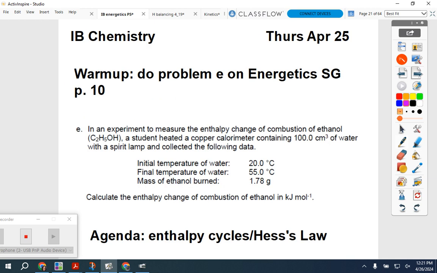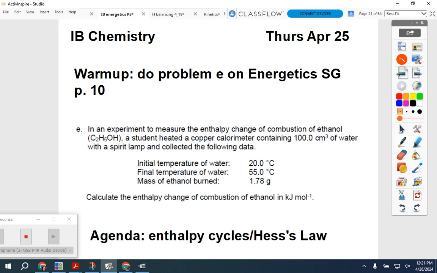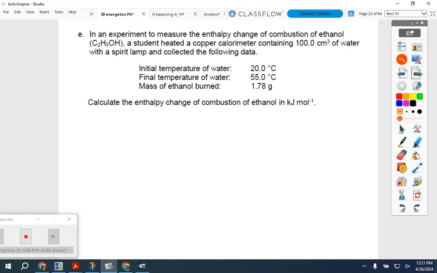Okay. How many of you did this problem? Anybody? Okay. Let's talk through it first, and I'm going to give you a minute to do the calculations. This is on page 10, problem E. Same thing, combustion of ethanol.